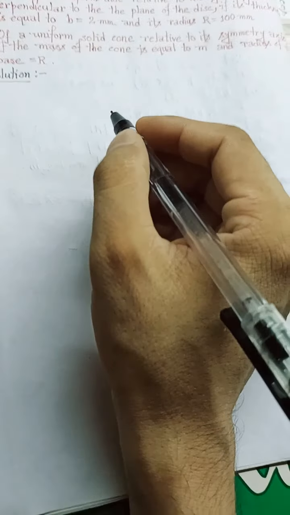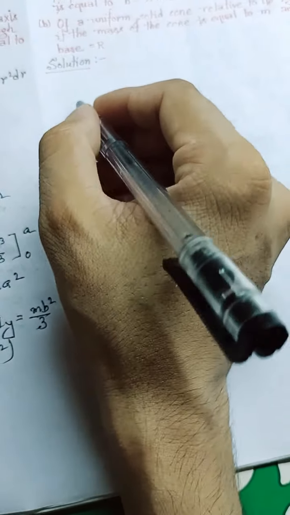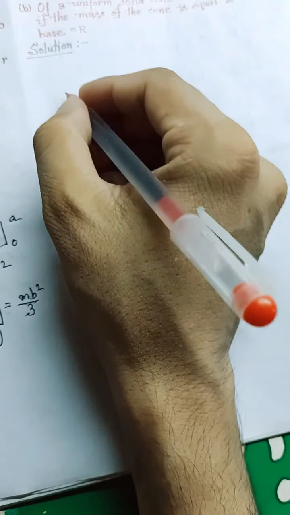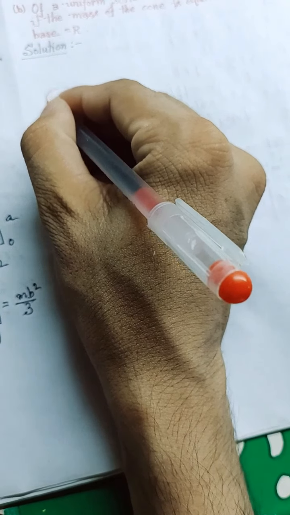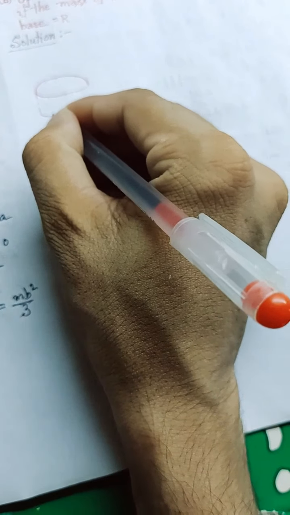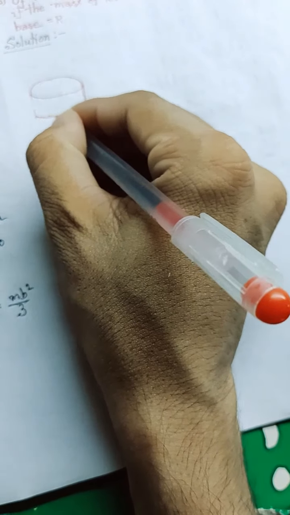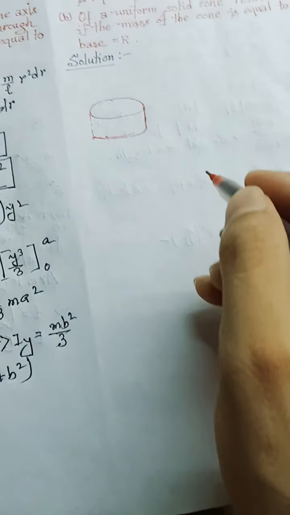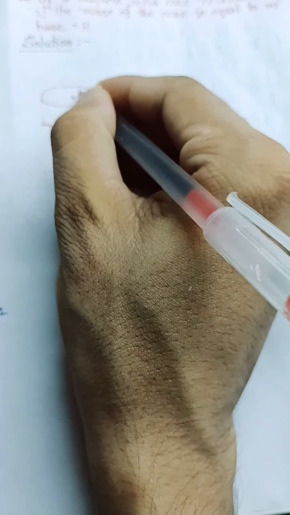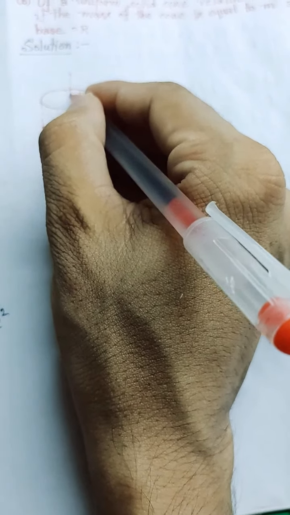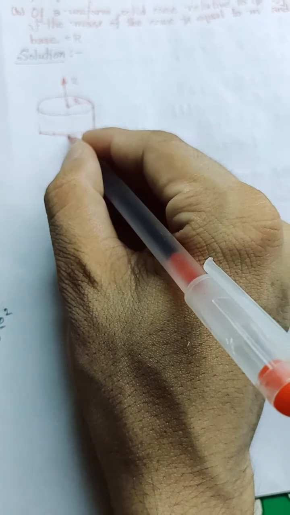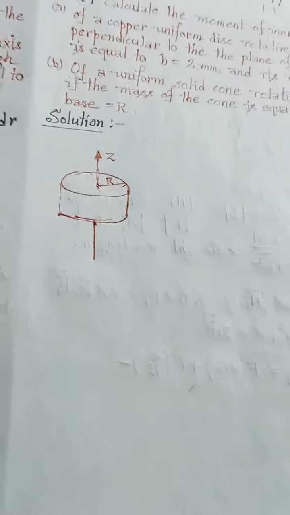So for solving this question, let's draw a diagram first. This is the disc, which has a particular thickness, and this is the radius of the disc, r, and this is the z-axis, which is passing through the center of mass of the disc.